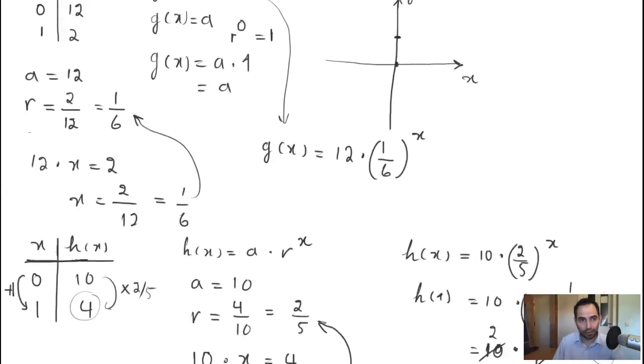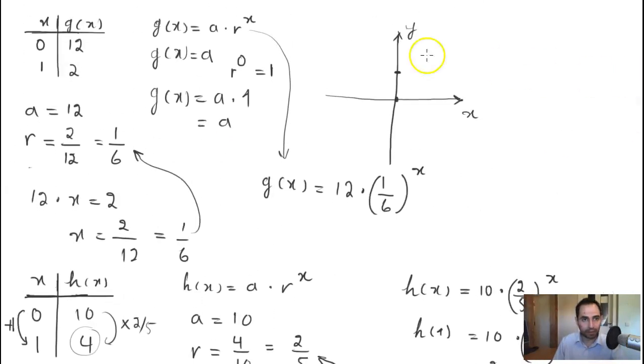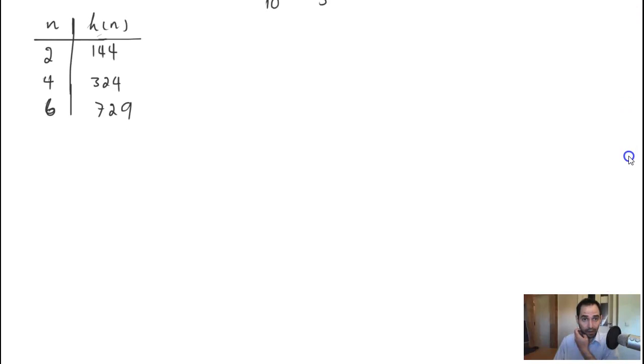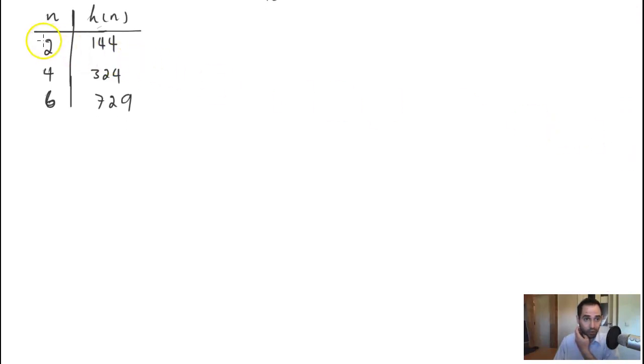Here, what is happening is that I am adding only 1 unit to my input and then I multiply this output by 1/6 to get 2. But the problem here is that I am adding basically 2 units.